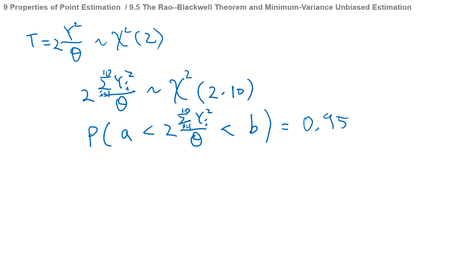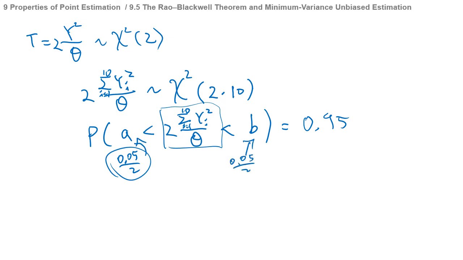We assign 0.05 over 2 probability on this side and 0.05 over 2 probability on this side.